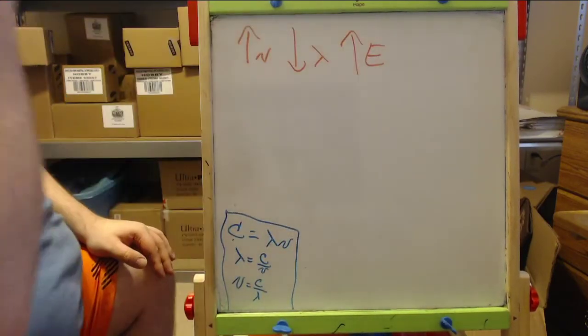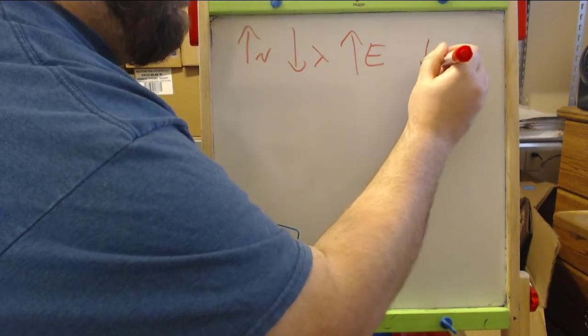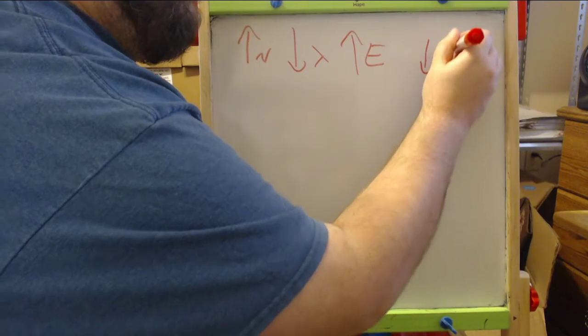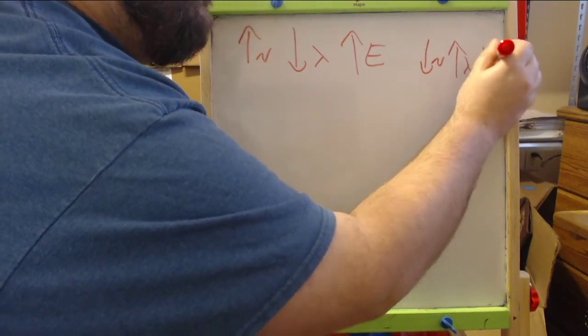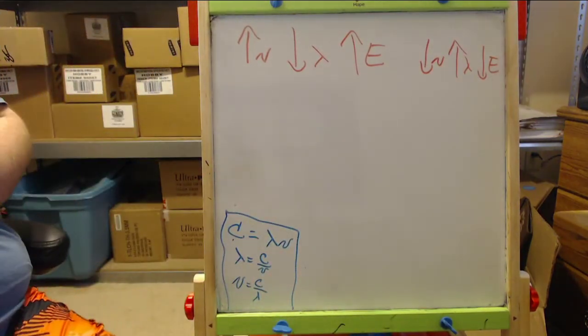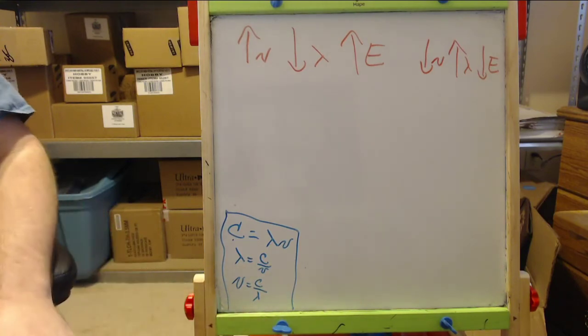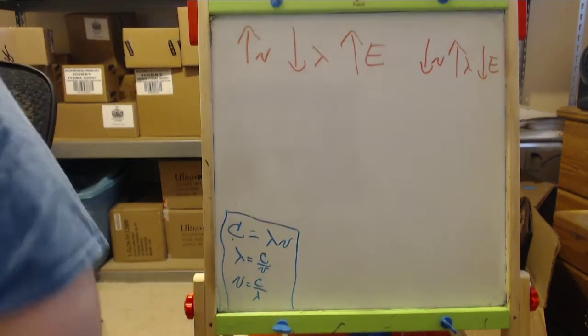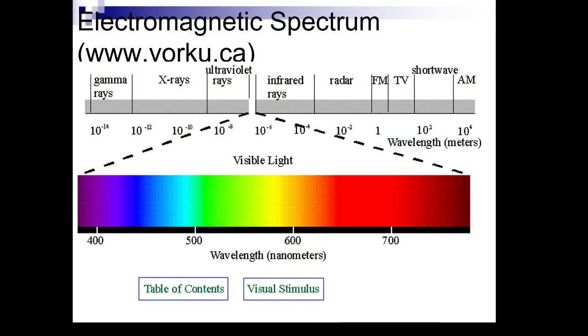Energy and frequency are directly correlated to one another. Similarly, decrease my frequency, increase my wavelength, decrease my energy. So the longer the wavelength, the lower the frequency, the lower the energy. Okay. So if we look at the spectrum, we've got AM radio waves.